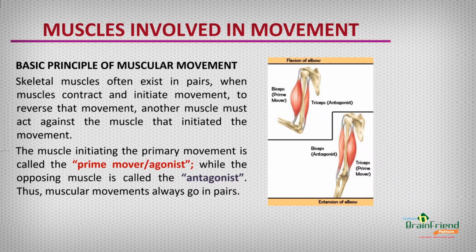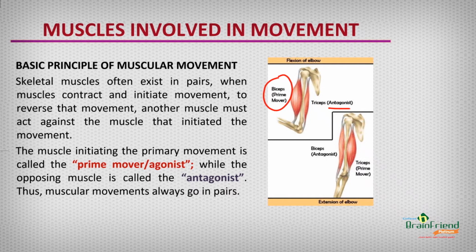As I said earlier, movement by a skeletal muscle always exists in pairs. A muscle initiates the primary movement, and that muscle is referred to as a prime mover, while another muscle reverses the movement, and this muscle is referred to as the antagonist.